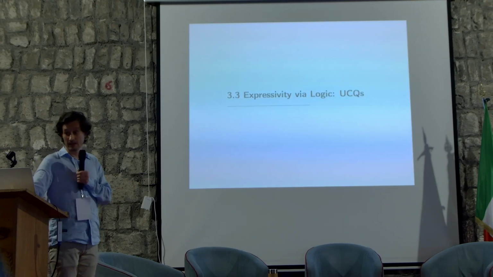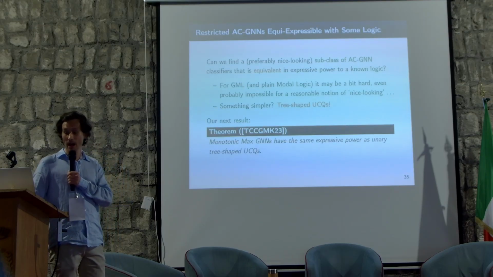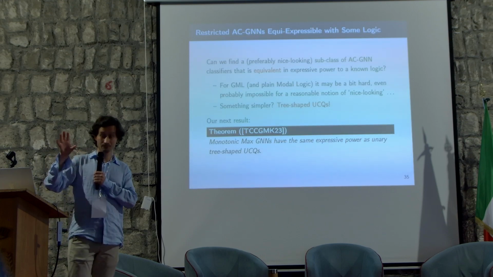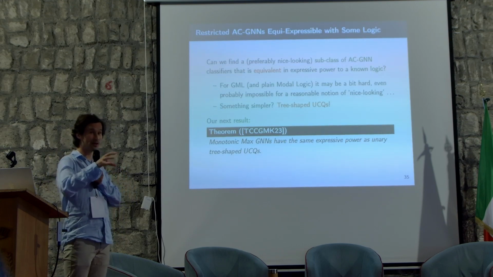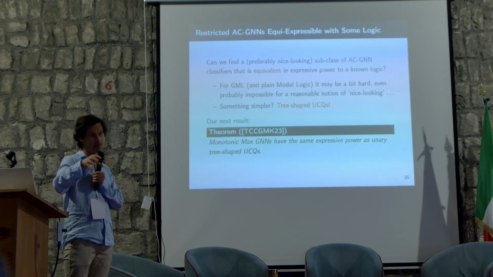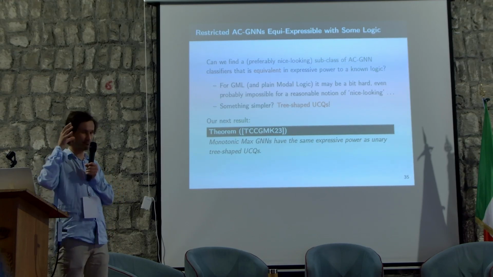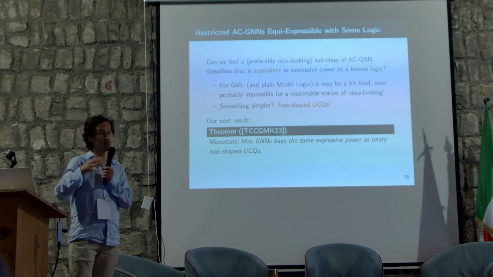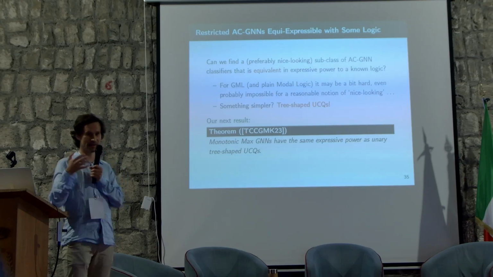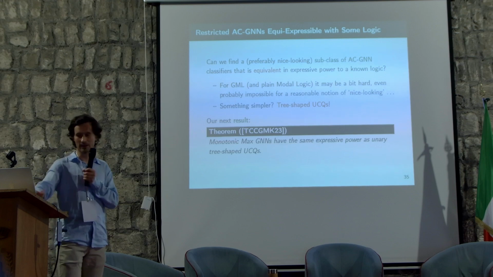Nonetheless, as the bosses say I should stop somewhere here, I will just very briefly mention what else happens here. For logic, it could be nice to restrict our class of GNNs, for which we will have a corresponding exact class of logical formulas. So maybe we don't take all AC GNNs, but a subclass of AC GNNs, maybe also trainable, for some matrices and nonlinearities, so proper neural networks, for which we have a logic exactly in terms of expressivity.